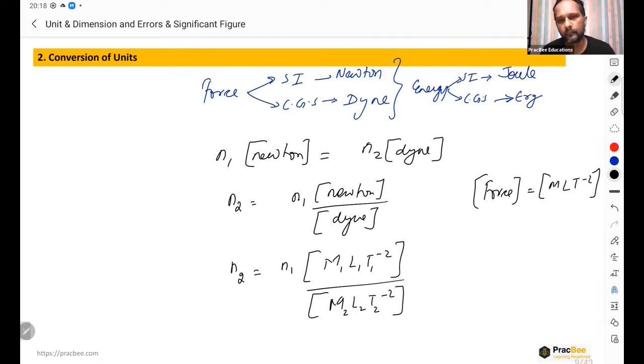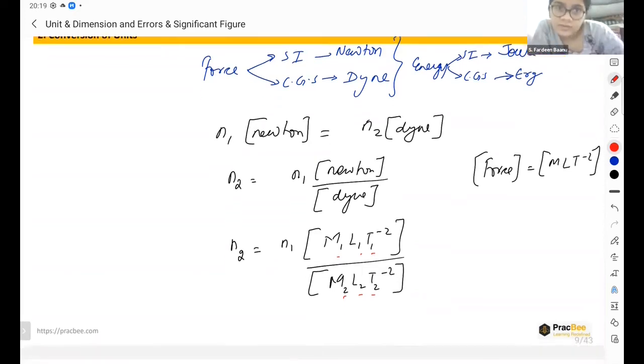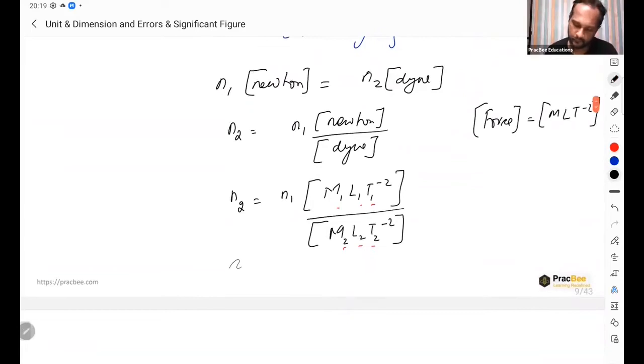I have used 1 in the subscript to show that it is the dimension of Newton, and I have used 2 in the subscript to show that it is the dimension of dyne. But if you see the power, the power remains the same, minus 2. So I can write it further like this.